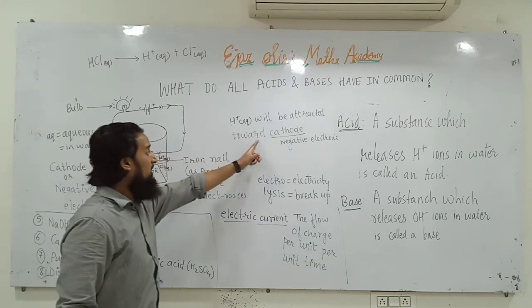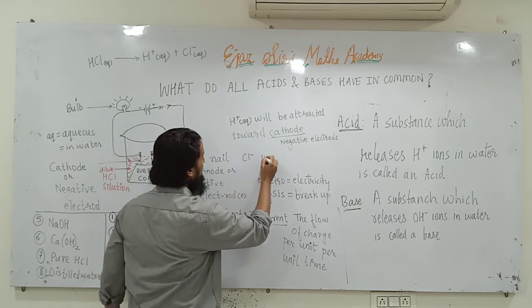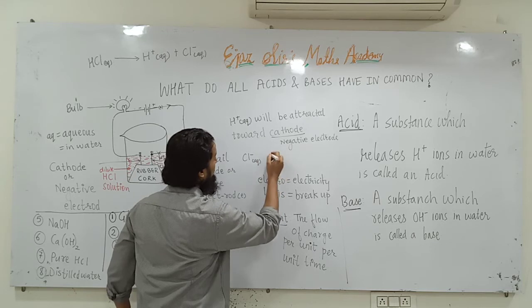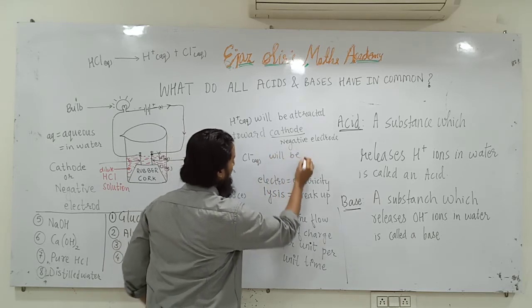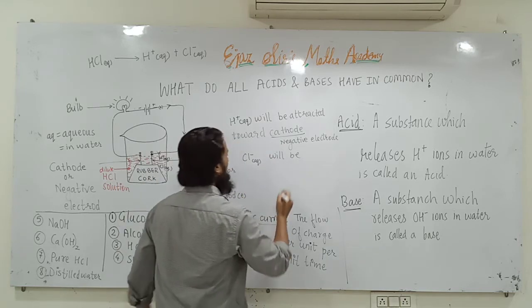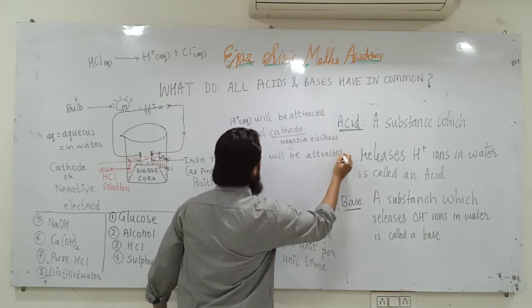H positive ions will be attracted towards the cathode and Cl negative ions aqueous will be attracted towards the anode. I hope you can see clearly.